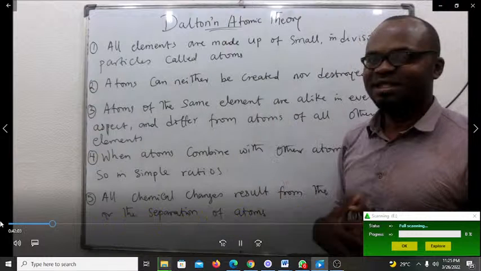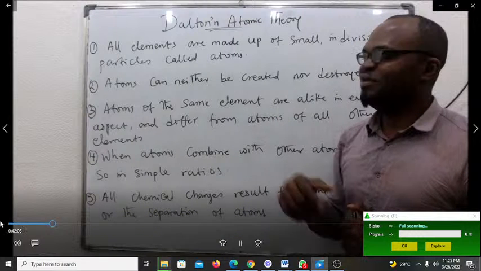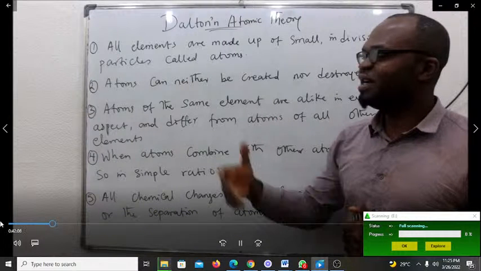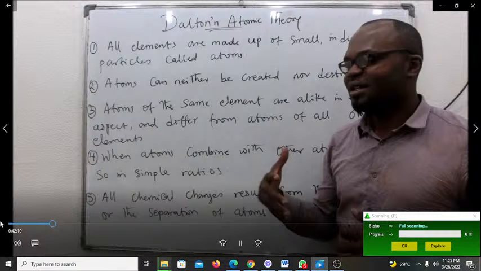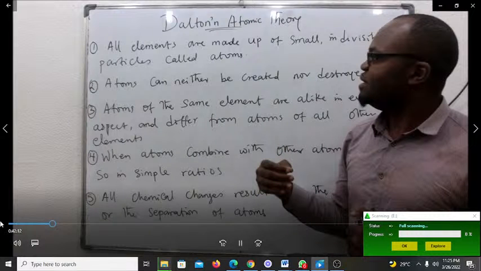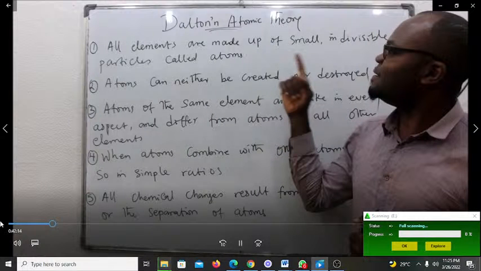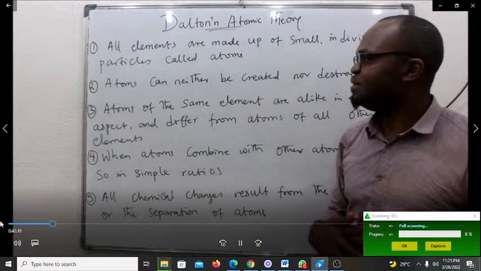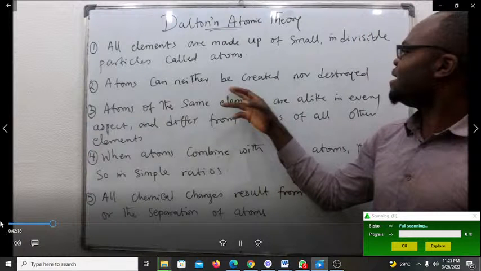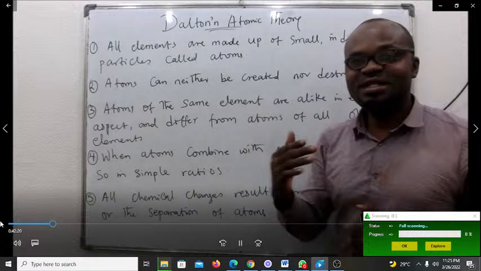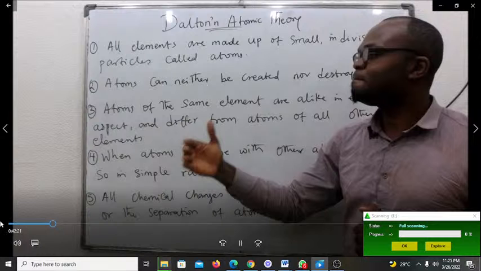This used to be very correct, but because of several experiments in recent times, we are able to find out that atoms are actually divisible. Number two, atoms can neither be created nor destroyed. This still holds true for ordinary chemical reactions.